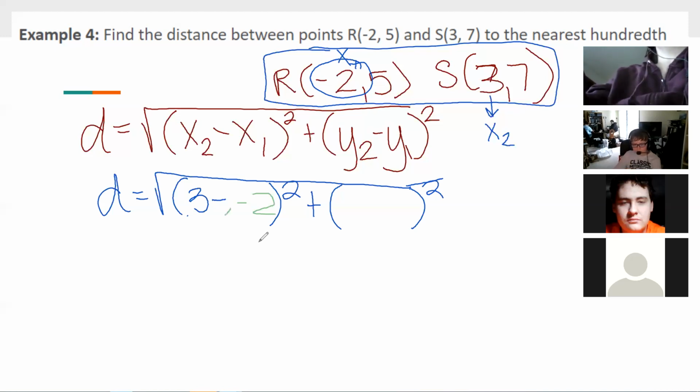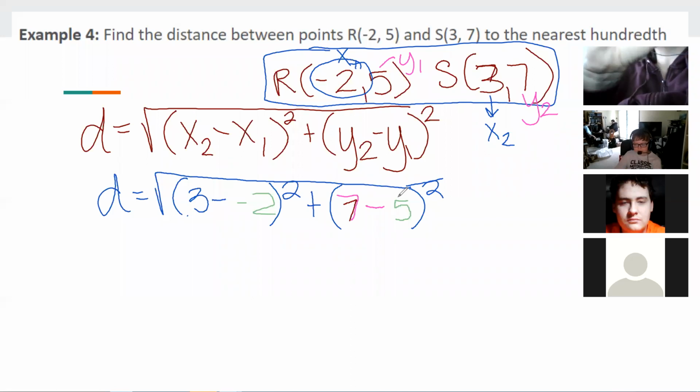Which one's our y2? 7, totally our y2. And y1 is the only one that's left, which is 5. Good. And someone filled in the y1. Very good. And we have to fill in the y2, which is 7.